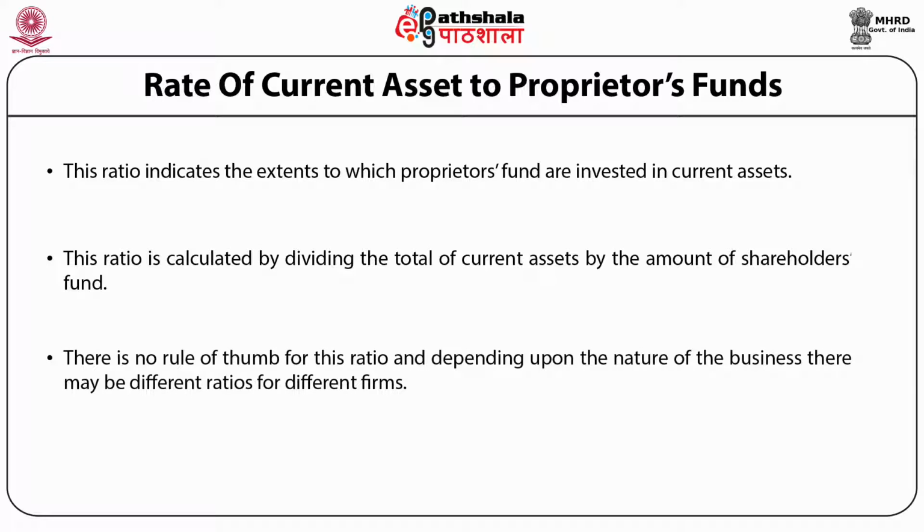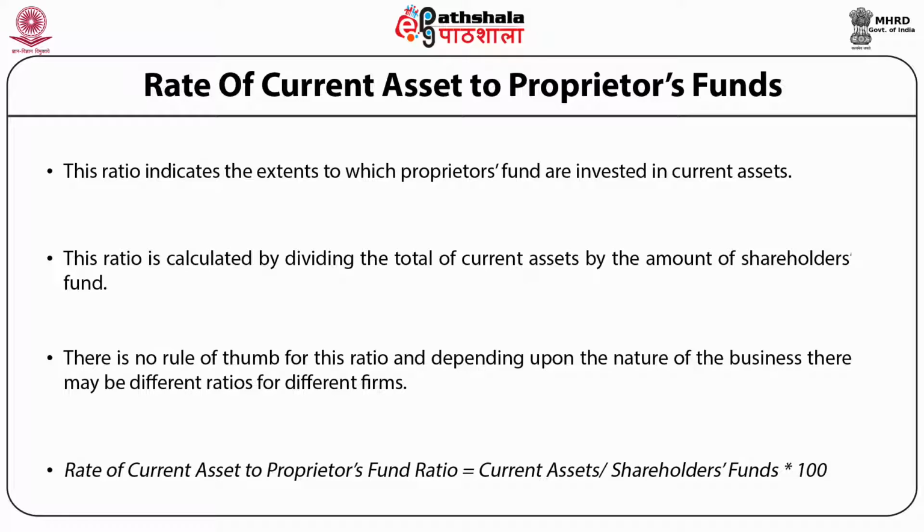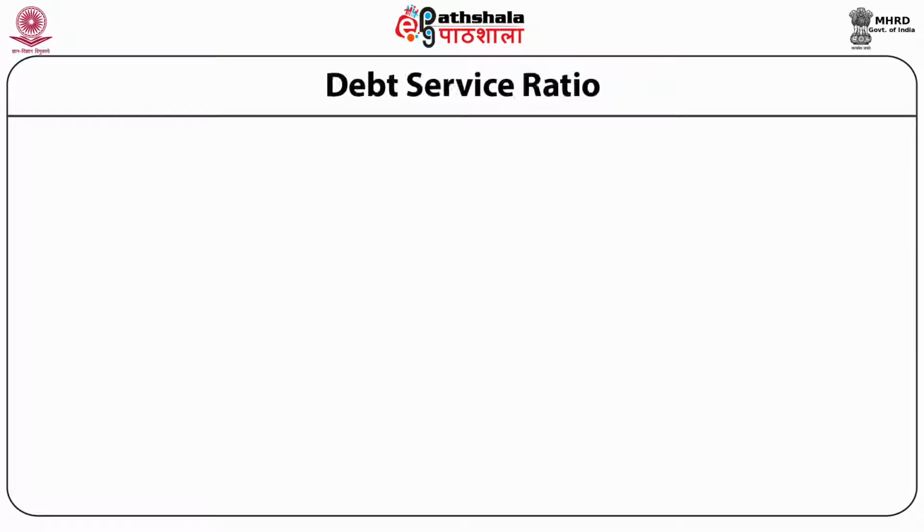There is no rule of thumb for this ratio, and depending upon the nature of the business, there may be different ratios for different firms. Rate of current assets to proprietor's fund ratio is calculated by dividing current assets by the shareholders' fund multiplied by 100.